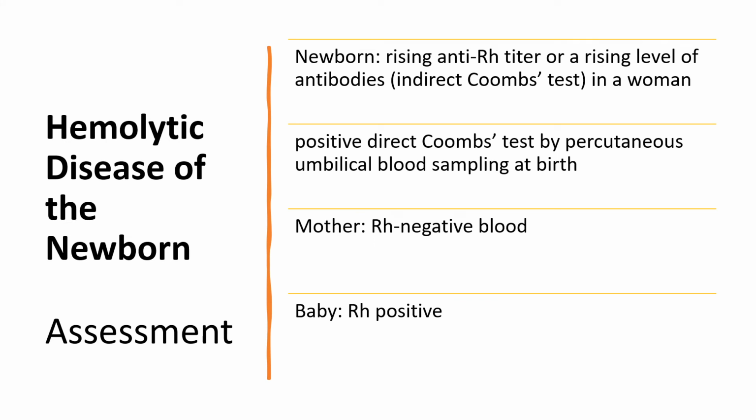And now for the assessment in Rh incompatibility, the newborn will have a rising anti-Rh titer or a rising level of antibodies, or an indirect Coombs test in a woman. A positive direct Coombs test by percutaneous umbilical blood sampling at birth is noted. In this situation, the mother is always Rh negative and the baby will always be Rh positive.